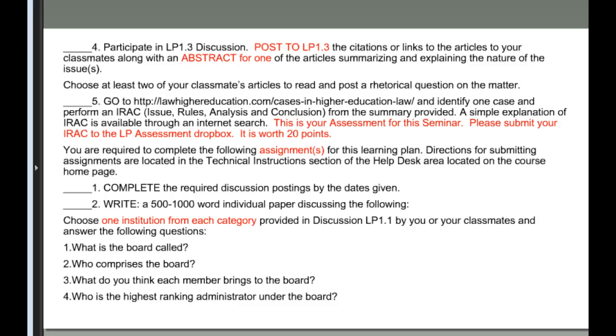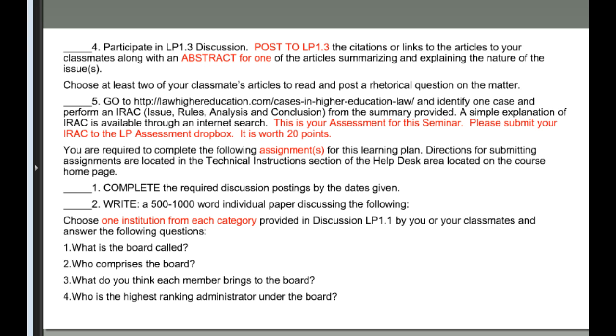classmates. Now, the learning activity 5, this is one that I really want you to pay attention to because if you have not analyzed cases in the past, this is where you need to go to the web address there and identify one case, and you're going to perform an IRAC analysis, so issue, rules, analysis, and conclusion from the summary. A simple explanation of IRAC you can find on an internet search.